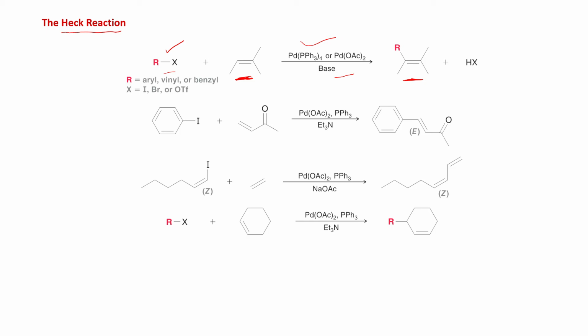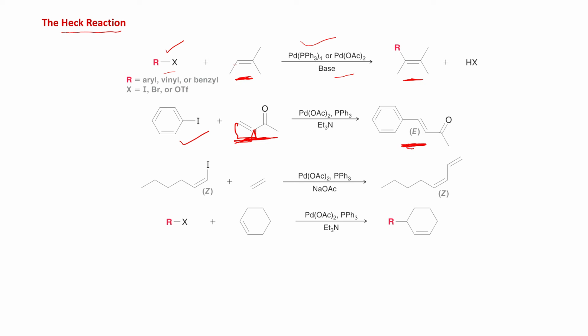Here you can see aryl iodide is reacting with the double bond of the ketone part, and you are getting this final product. One thing to remember: when your organohalide is reacting with a double bond, you are getting E configuration here.